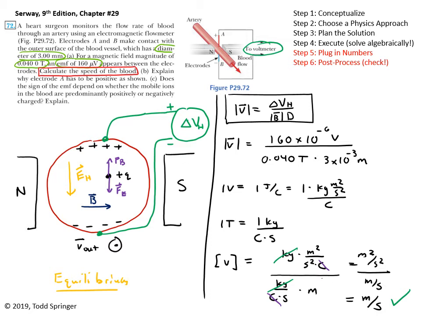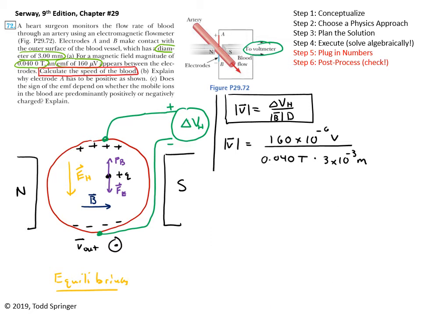Finally, we can just plug the numbers into the calculator and we can have confidence in our result. Plugging all the numbers in, I get that the speed is about 1.33 meters per second. There's your answer to part A. That's a reasonable velocity, by the way.